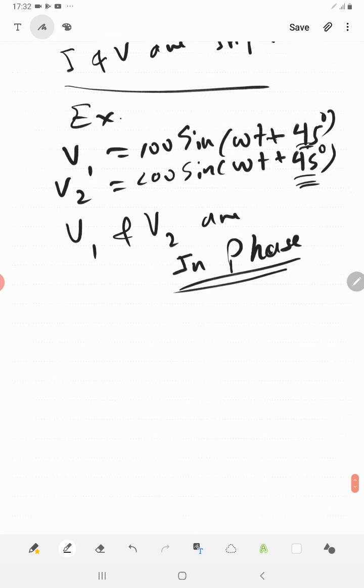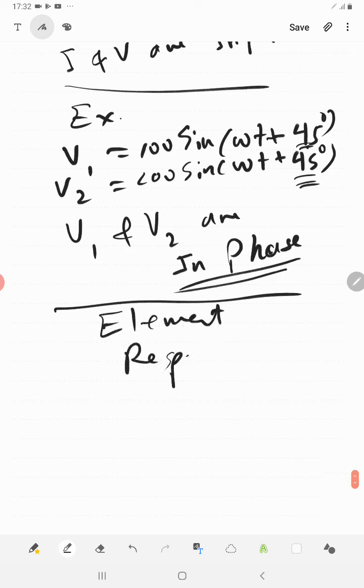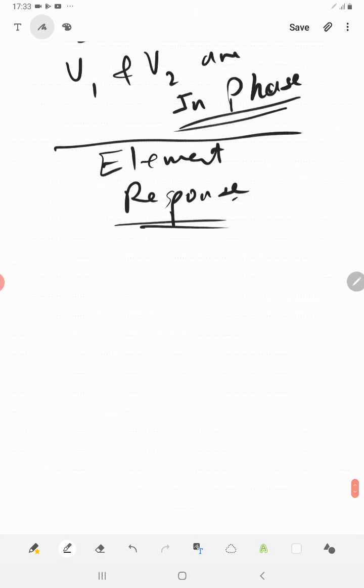Now let's go to the element response. First, the resistor. Let's look at the resistor.